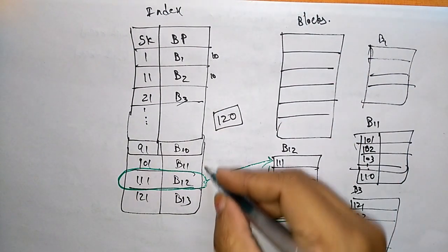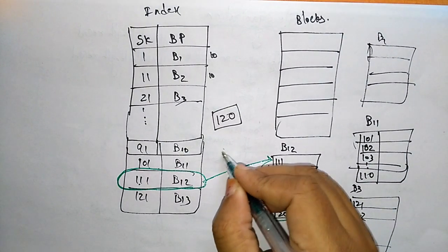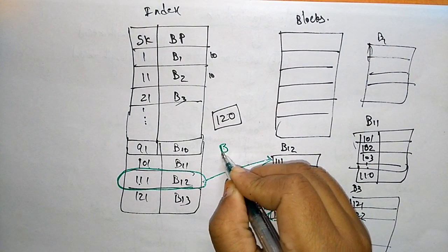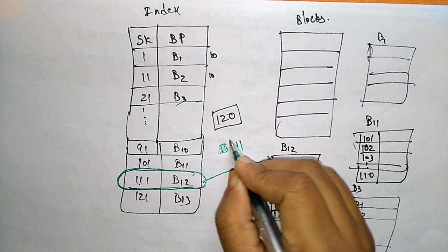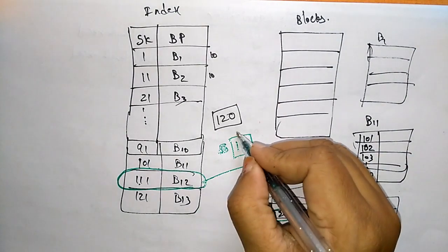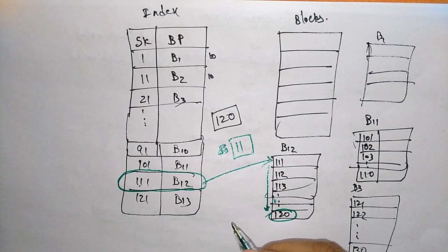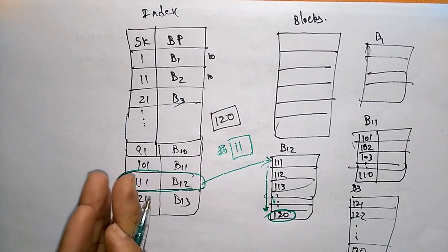So here, how many searches will there be in total? Up to the data item, you search up to 11 blocks. Okay, so this is how the index will help.